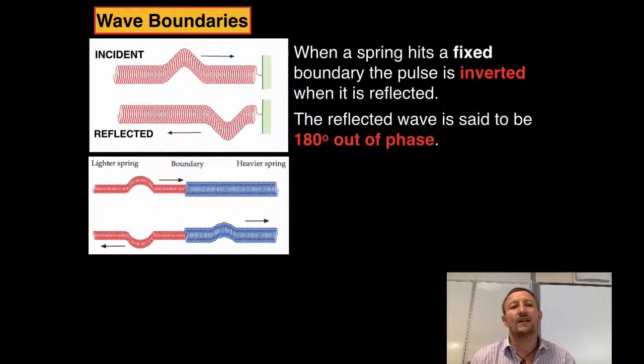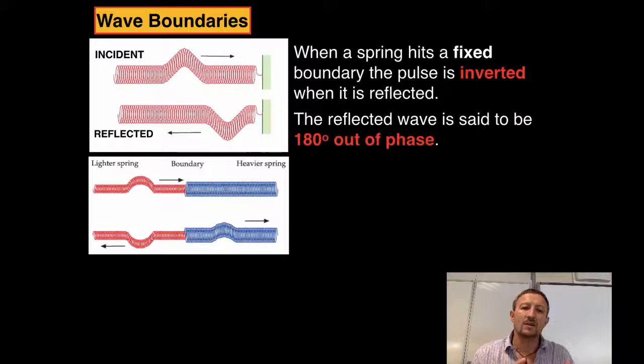What we find is that when the incident wave comes along from the lighter spring and hits the boundary surface, some of the energy generated by the wave is passed through the heavier spring. But instead of being inverted, it carries on in its normal path.